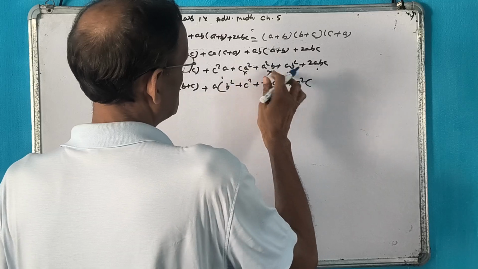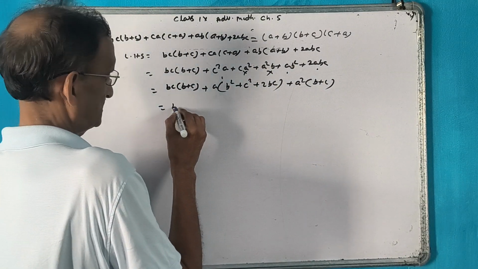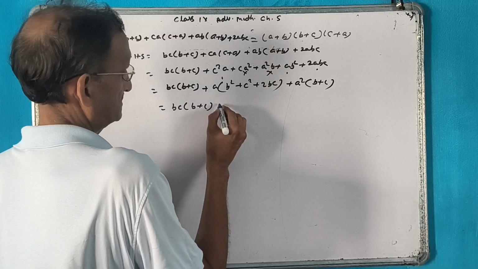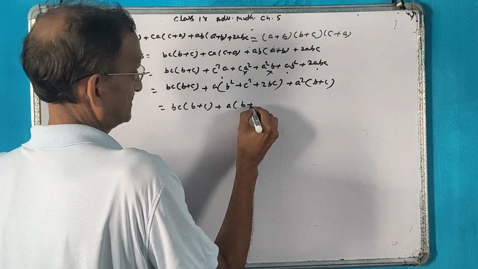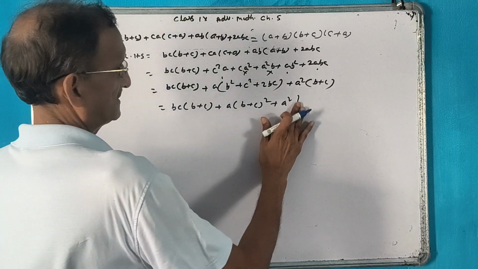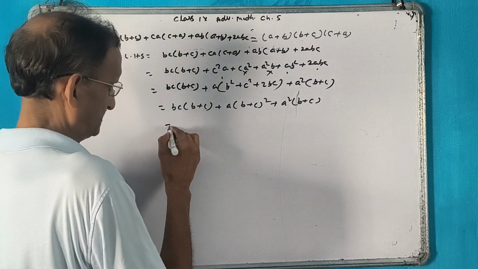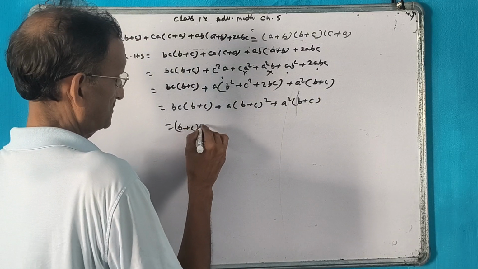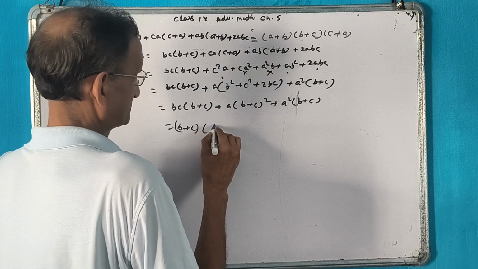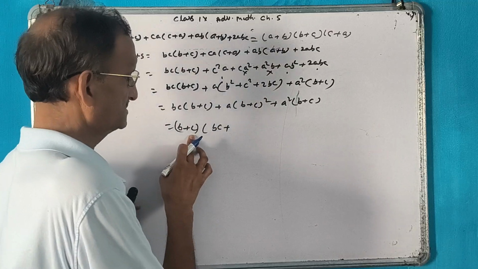A square will get C plus B, which you can always write as B plus C. So it becomes BC into B plus C plus A into B plus C whole square plus A square into B plus C. Now in all three terms B plus C is common, so take out B plus C. What will you get? BC, and here B plus C whole square, one B plus C common.